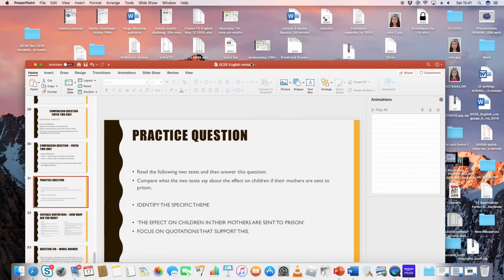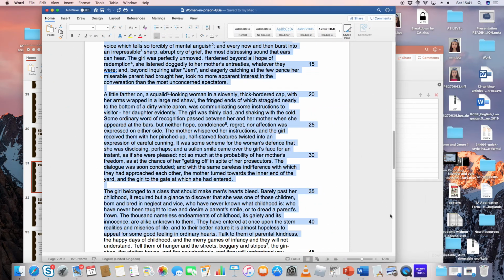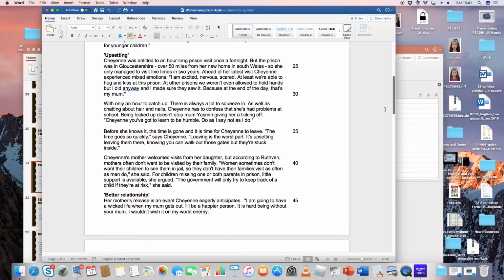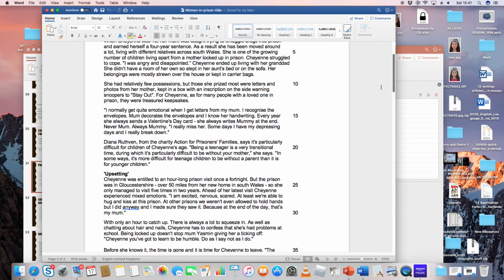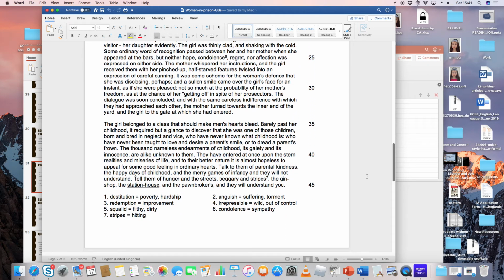So again, if you go back to the Word document, here somewhere, you've got 2 texts. One modern one, text A, and then an older one by Charles Dickens.